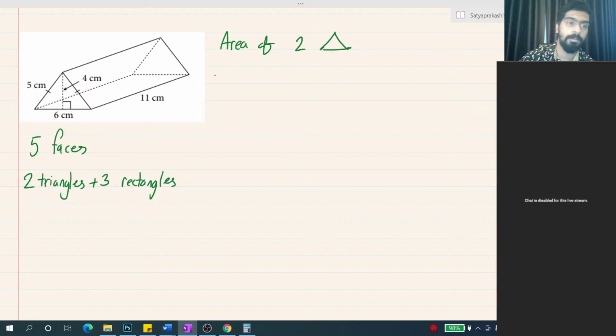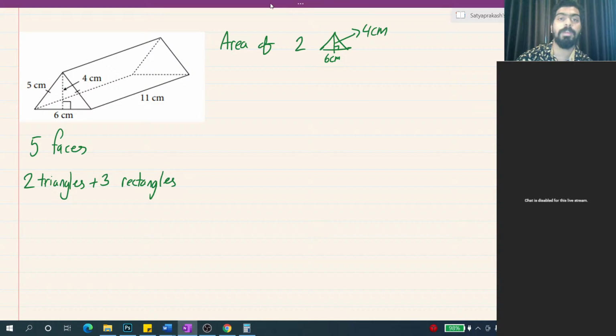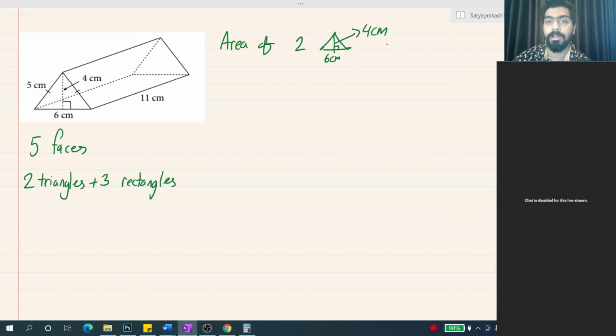Okay guys, so the area of 2 triangles, where the base is 6 centimeter and the height is 4 centimeter. Alright, if you guys can remember, in order to find the area of a triangle, we take 1/2 multiplied by the base, which is 6 centimeter, multiplied by its height, right?